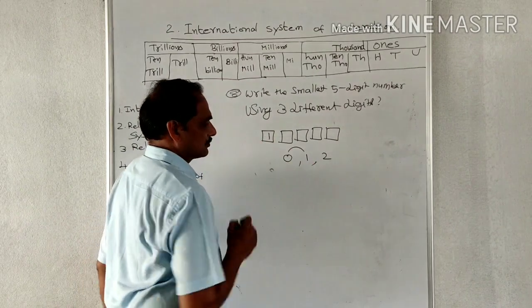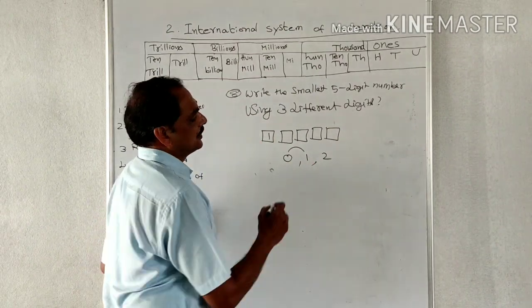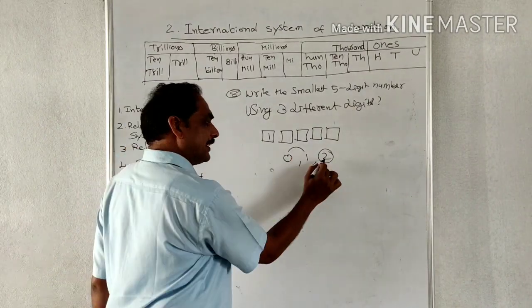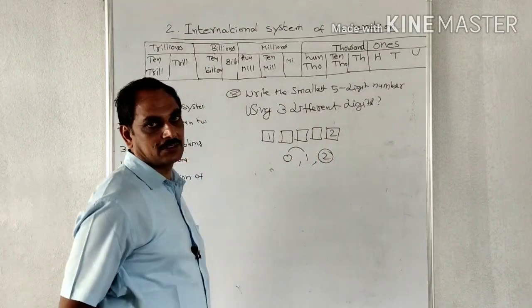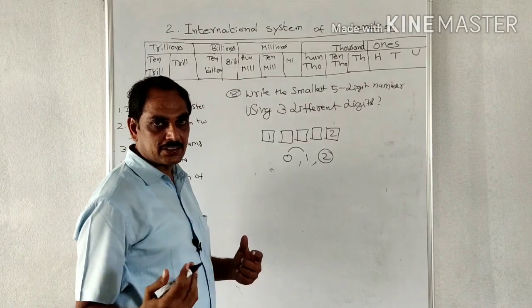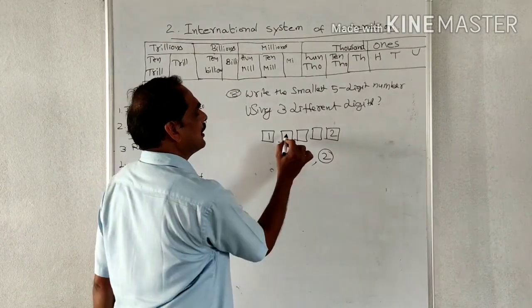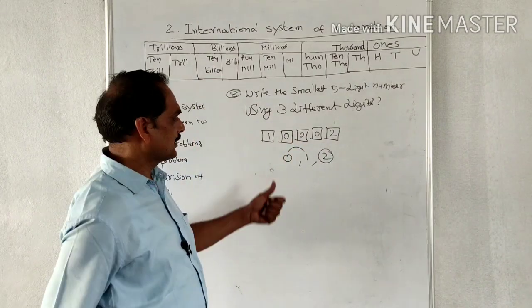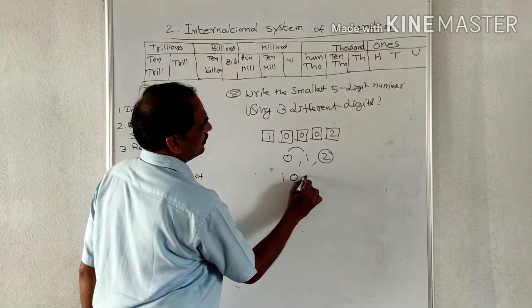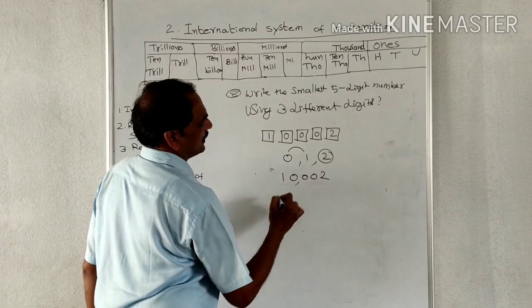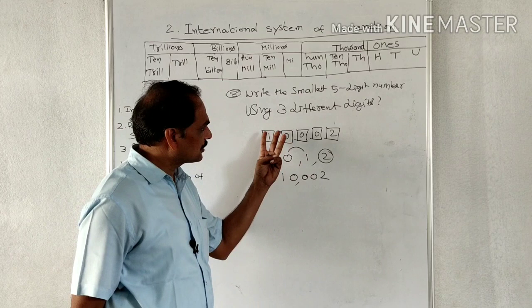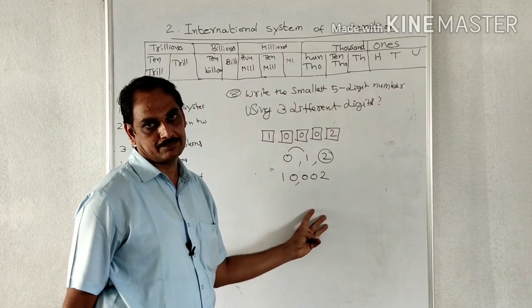The remaining greatest digit is 2, so we write this in the units place. The remaining digit is 0, so we fill all the other boxes with zeros. We write this as 10,002. This is the smallest 5 digit number using 3 different digits.